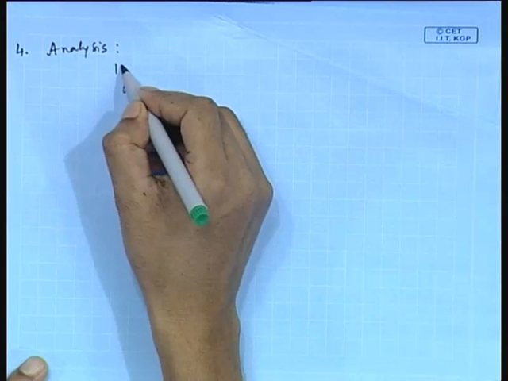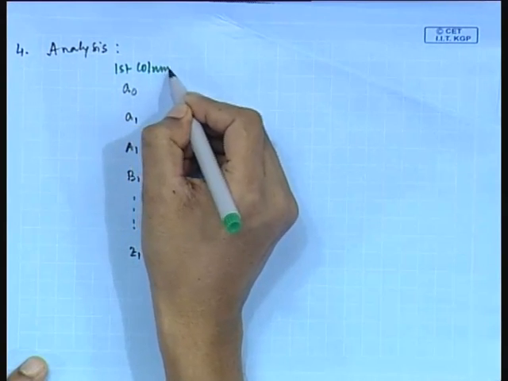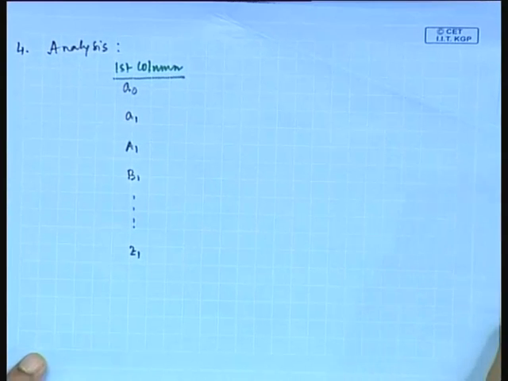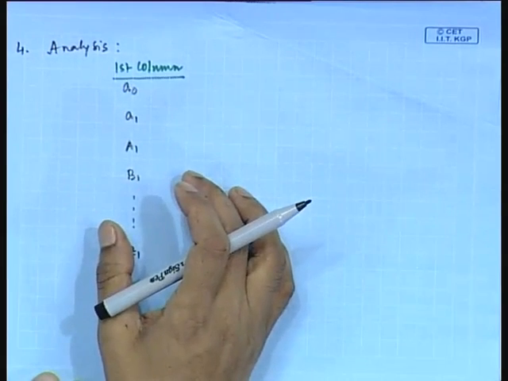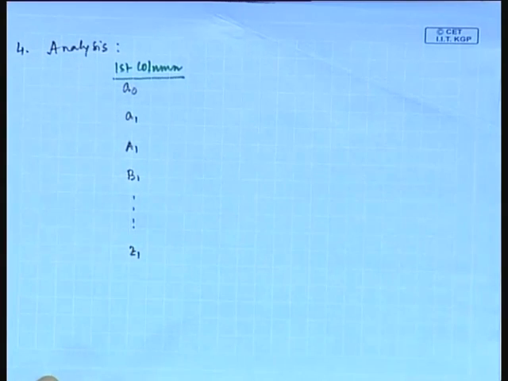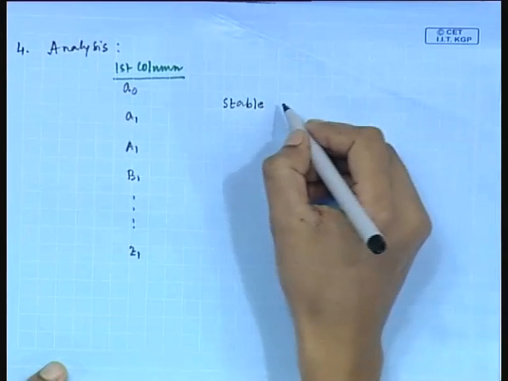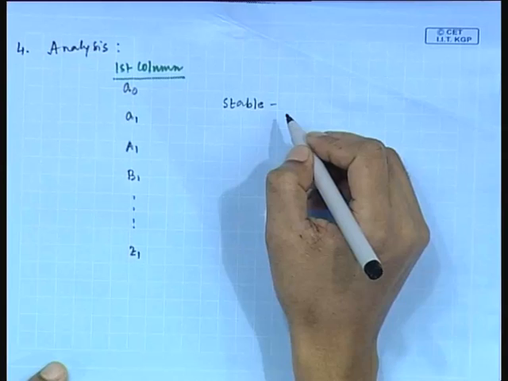Now, the closed loop system is stable if all the elements of the first column are positive and non-zero.